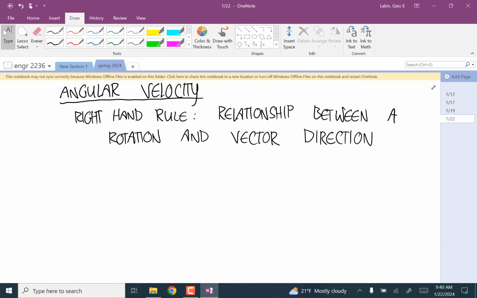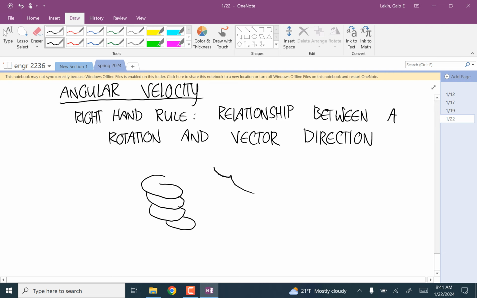So here's your right hand. Your thumb is pointing in the vector direction.